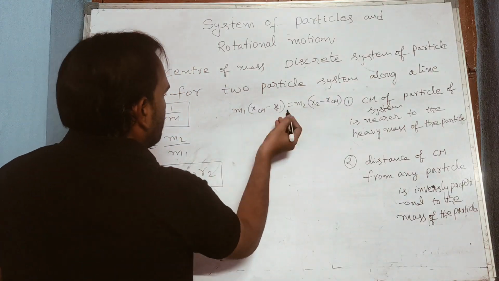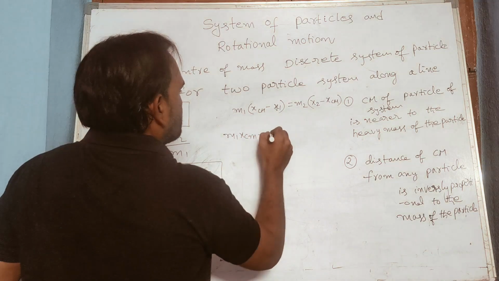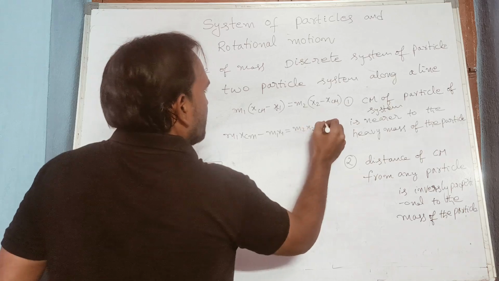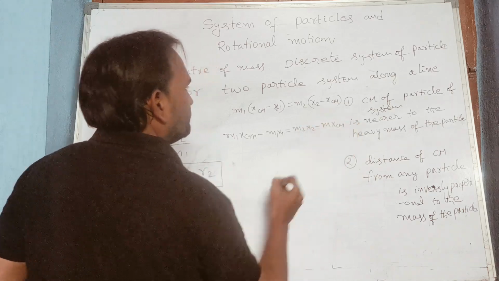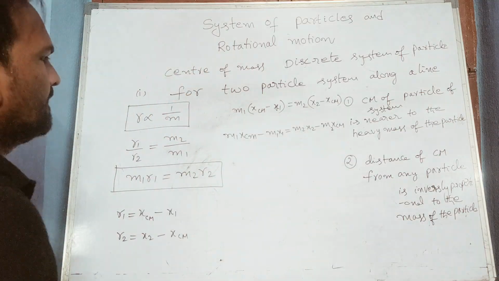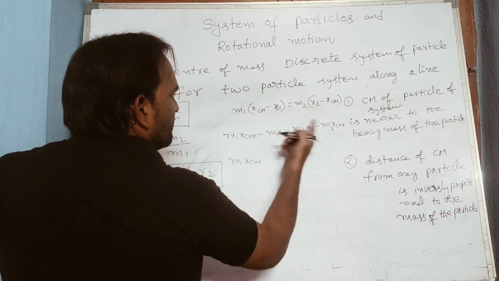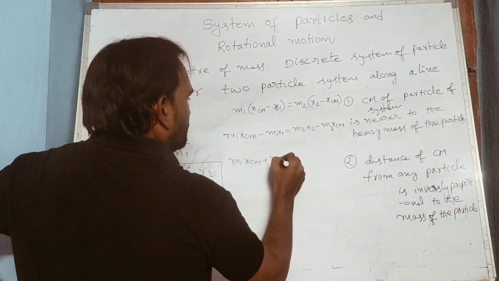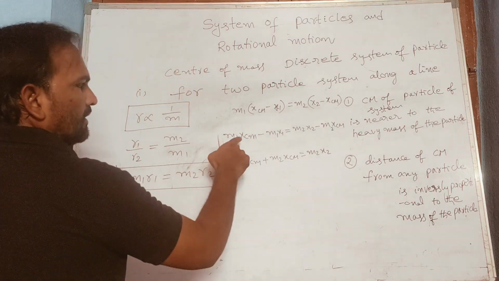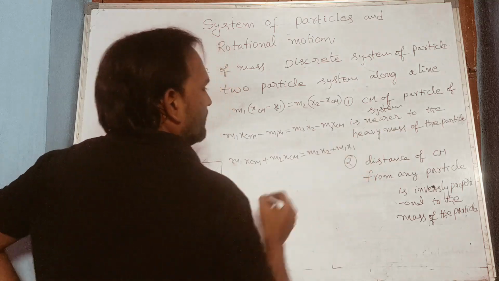Multiplying both: m1 x center of mass minus m1 x1 is equal to m2 x2 minus m2 x center of mass. Observe carefully: the m2 x center of mass term comes to the left side, and m1 x1 goes to the right side.